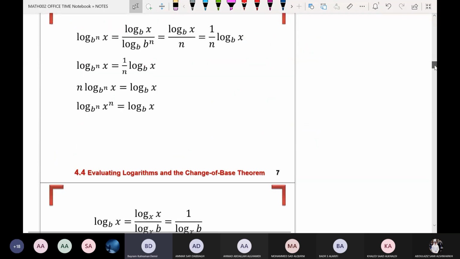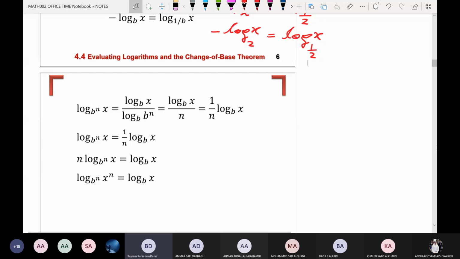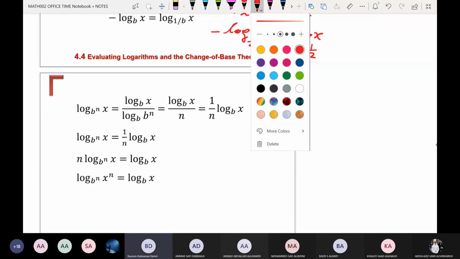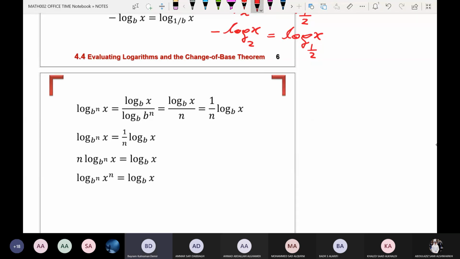What happens if we have a base with power, Shabab? If you have base with power, now I can write it as logarithm of x with base b divided by logarithm of b to the n with base b. So we have b to the n.